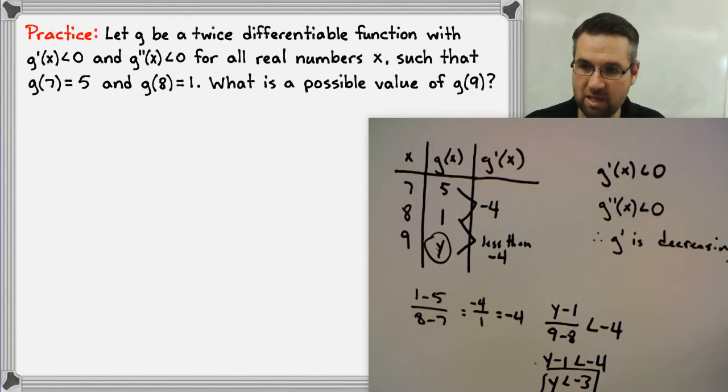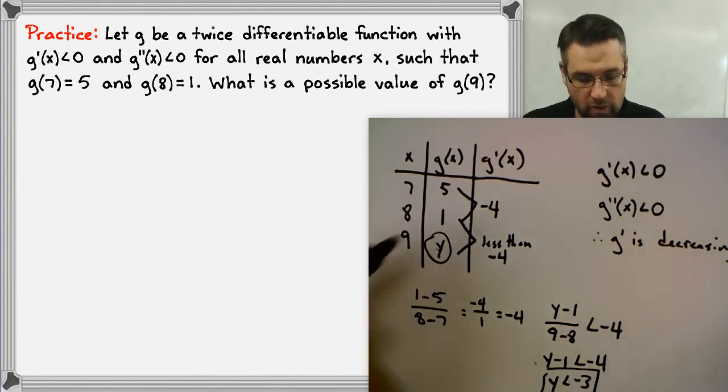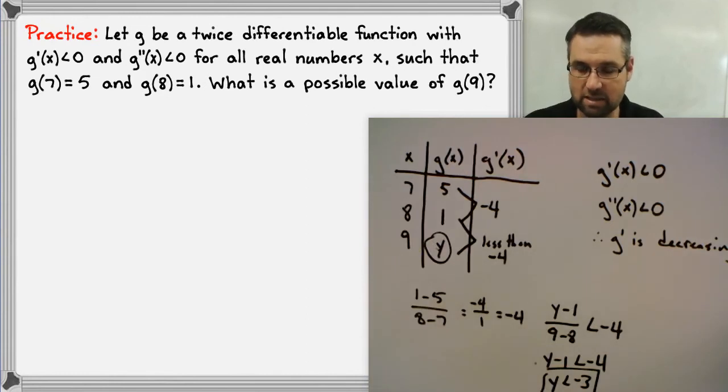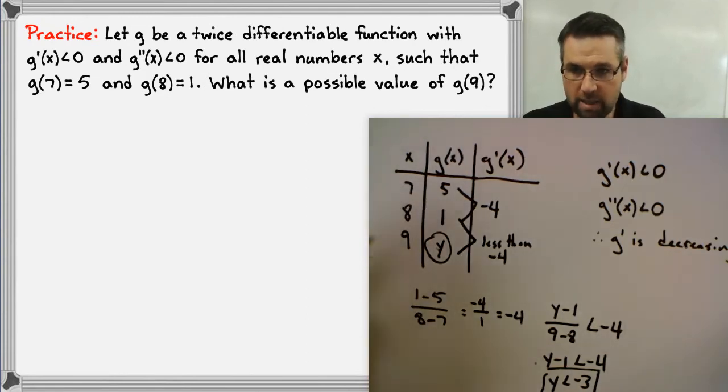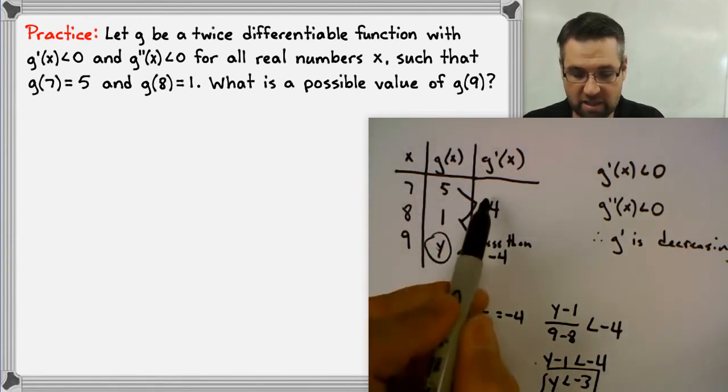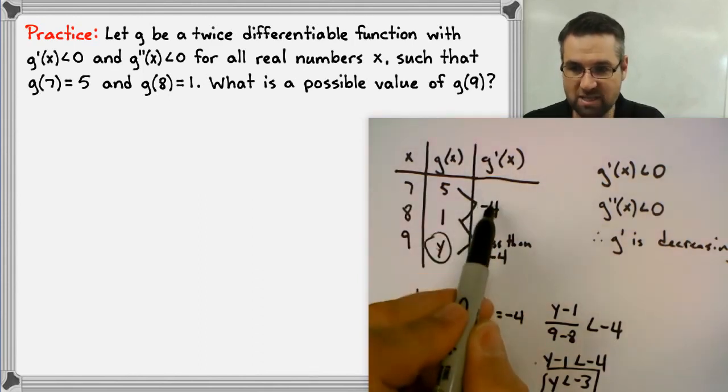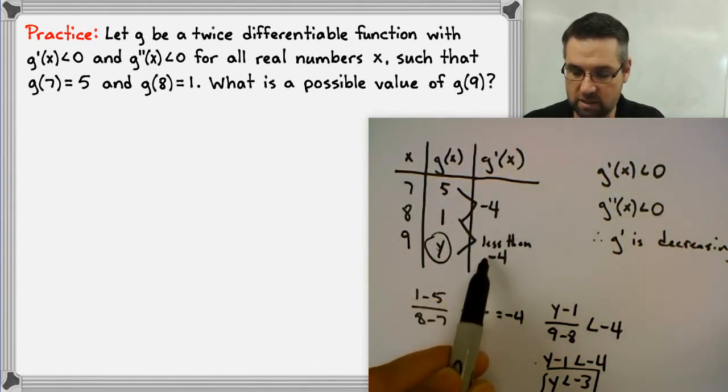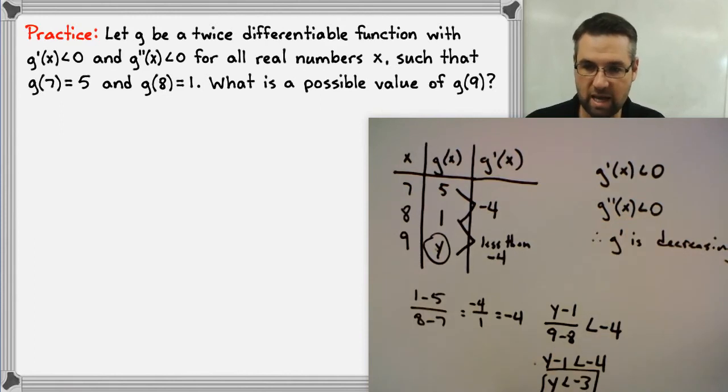But if I plug in a number that's less than -3, let's say -5, well, -5 minus 1 is -6 over 1. That's -6. The slope would be -6. You see that G prime is decreasing from -4 to -6, and therefore G double prime would be negative. So basically, any value that is less than -3 for G of 9 will be valid.